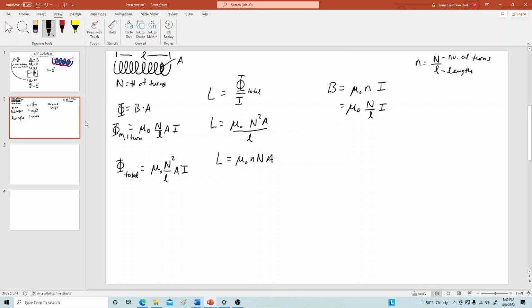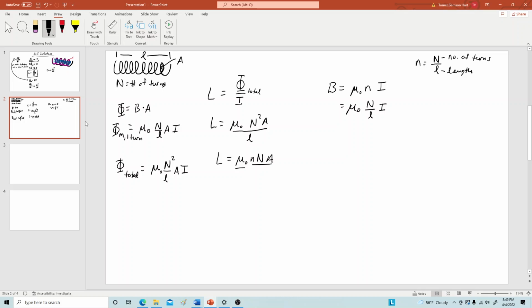So to know the self-inductance of a solenoid, I need its total number of turns, its length, and its cross-sectional area. If I know those, I can plug them in here, multiply by the constant mu naught, and that gives me my self-inductance.